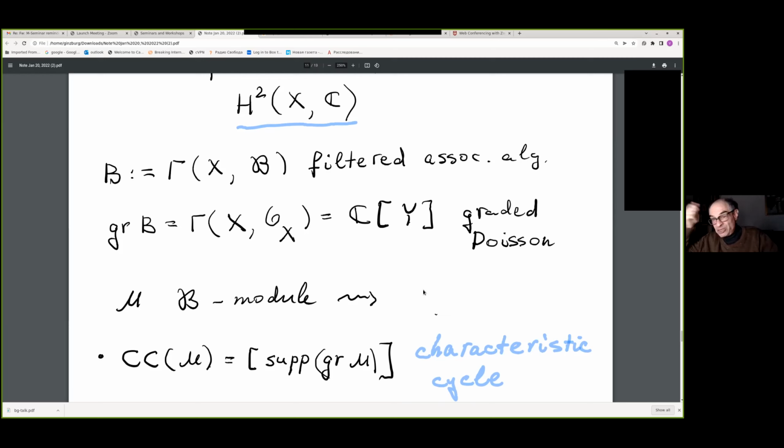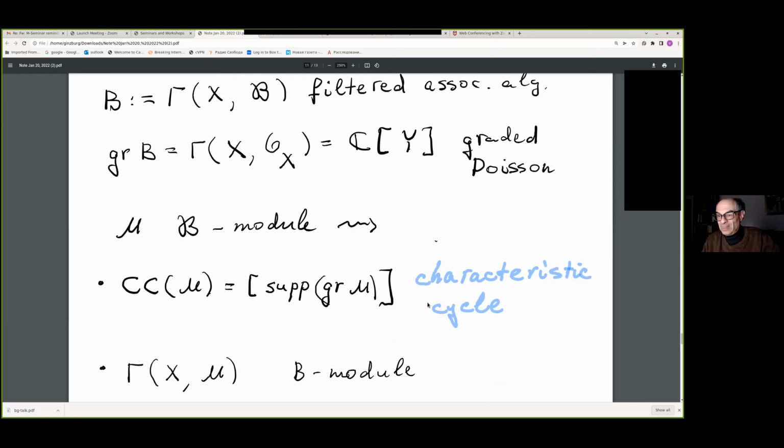Now, if you have a sheaf of modules over curly B, we can still look at its characteristic cycle, which is the same as all the notions I introduced before. It was called the support cycle, or M divided by H bar. In the case where everything is filtered, this is called the characteristic cycle, but it is the same object. Dividing by H bar, setting H bar to be 0, corresponds to taking the associated graded. So it's essentially the same thing.